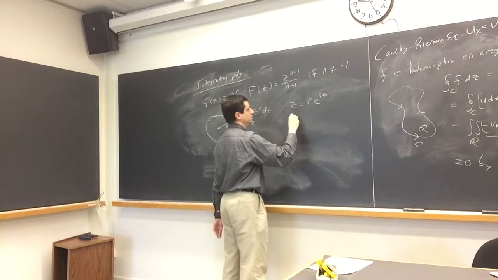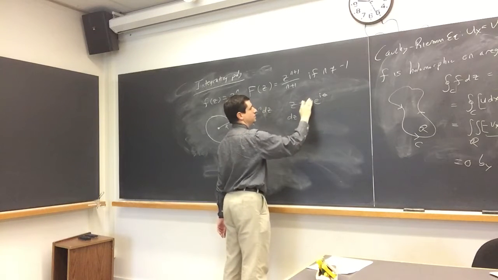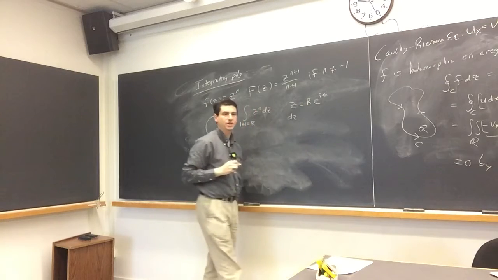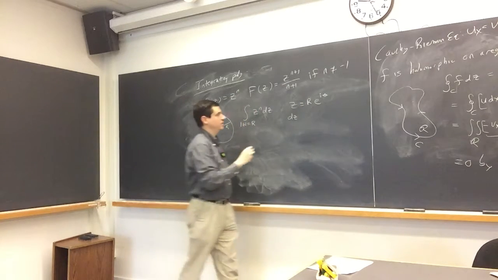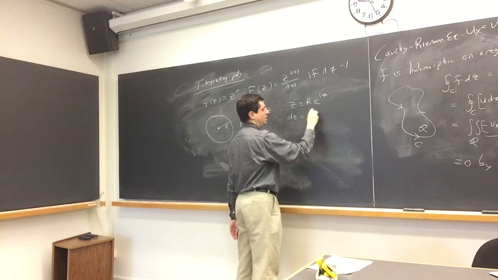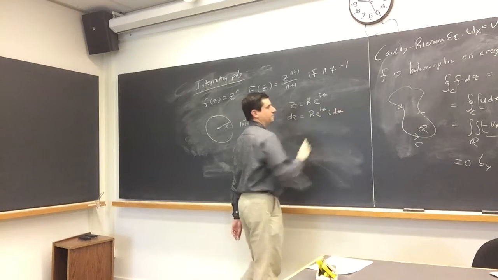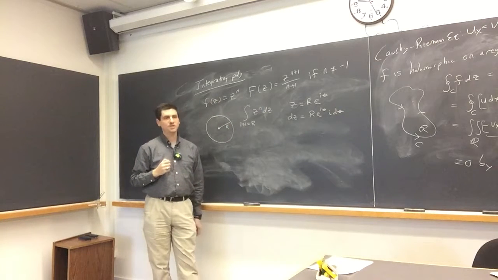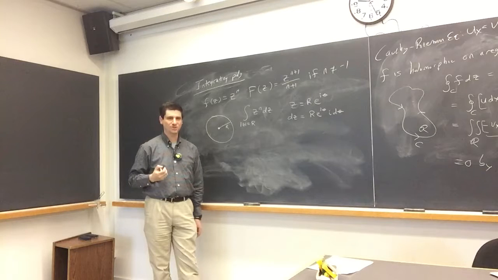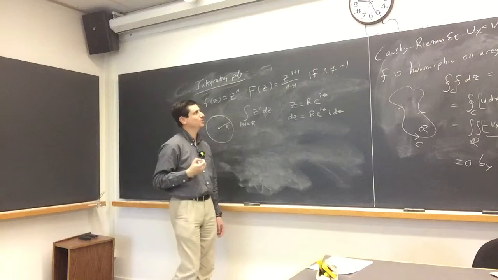So dz, well, I can write z as capital R because I'm on the boundary of the circle. So I can write dz as r e to the I theta times I d theta. And again, in a complex analysis class, you would justify your intuition that you can just do all these operations as you expect. The goal is to get to Cauchy's formula.